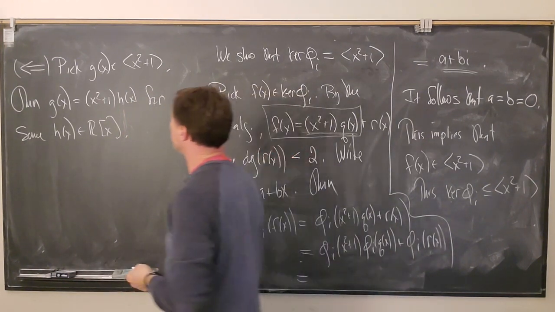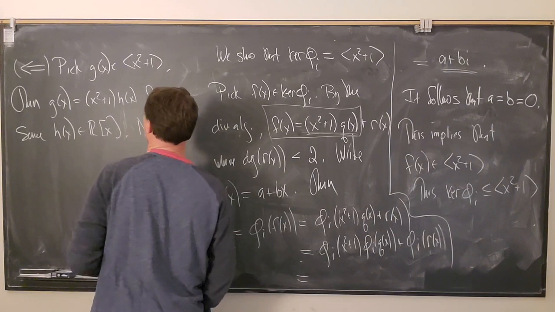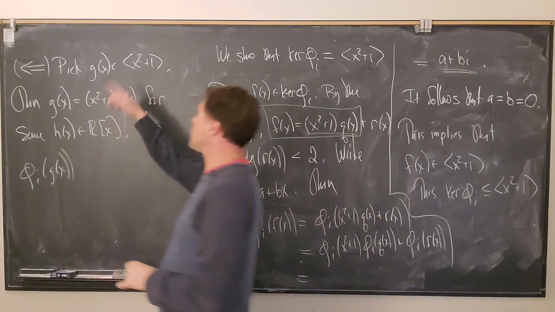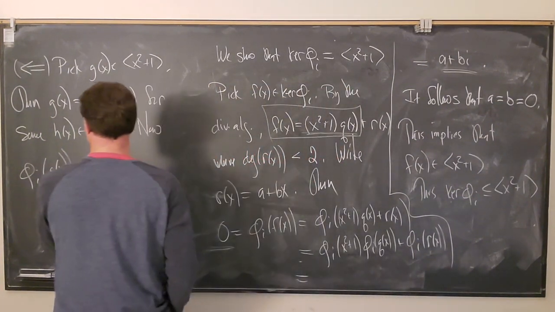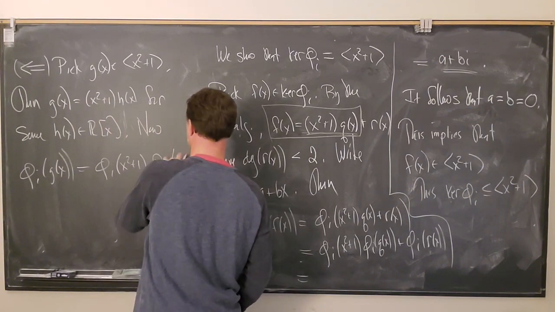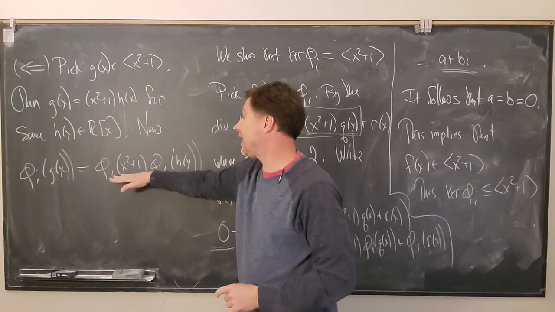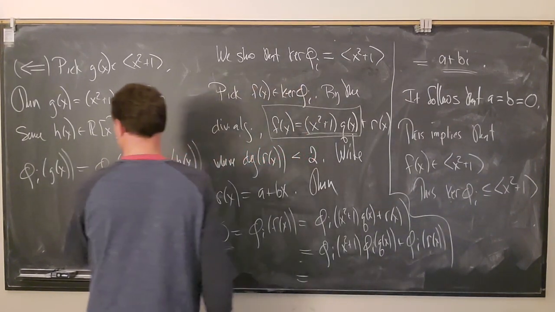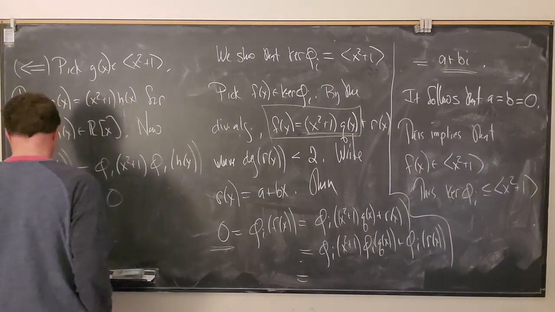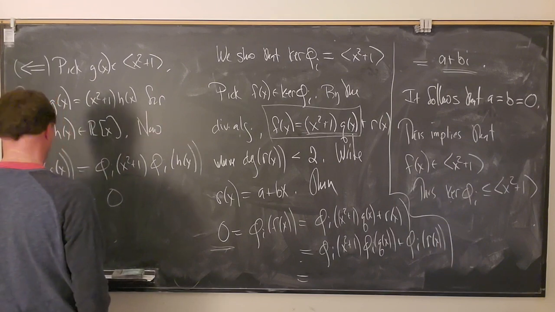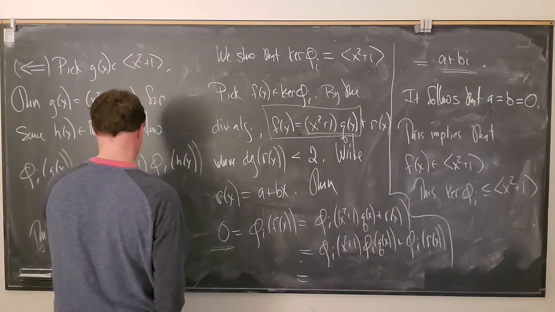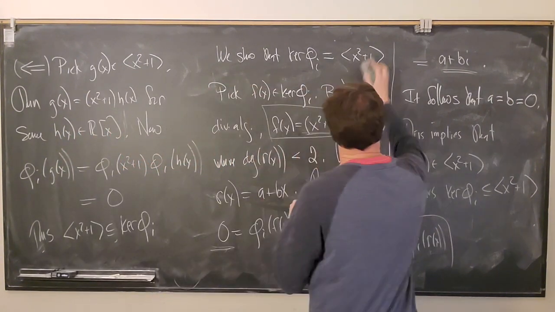And now phi sub I of g of x, I'm going to plug g of x into this, and that's going to give me x squared plus 1 phi sub I of h of x. But when you plug I into x squared plus 1, you get 0, so this is equal to 0. Thus, the ideal generated by x squared plus 1 is contained in the kernel of phi sub I. So now we have equality.